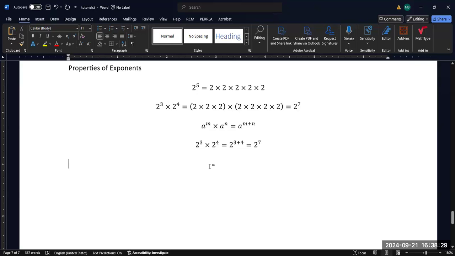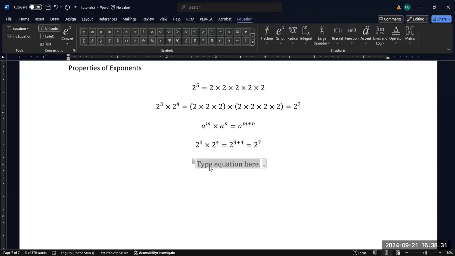Now, if I'm dealing with different bases to the same exponent, then I can also sort of multiply this out like this. So suppose I have 2 cubed and 5 cubed. Well, 2 cubed is 2 times 2 times 2, and 5 cubed is 5 times 5 times 5.